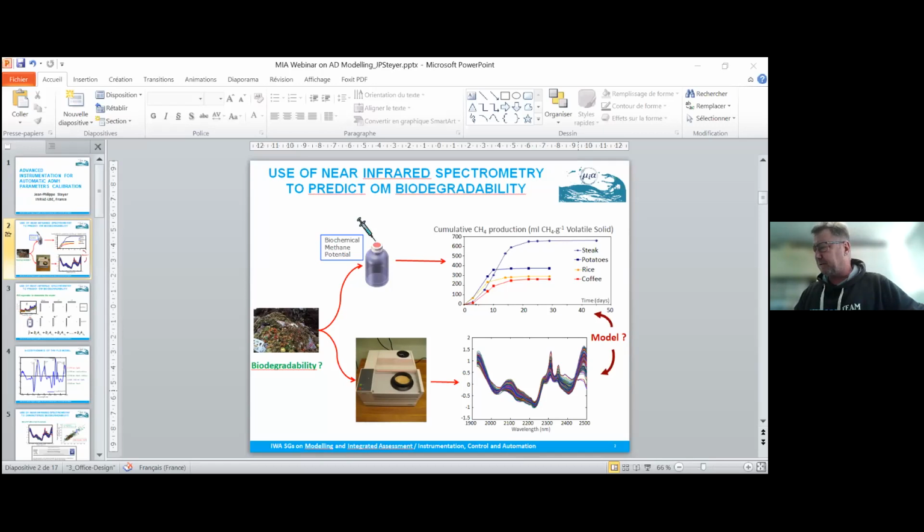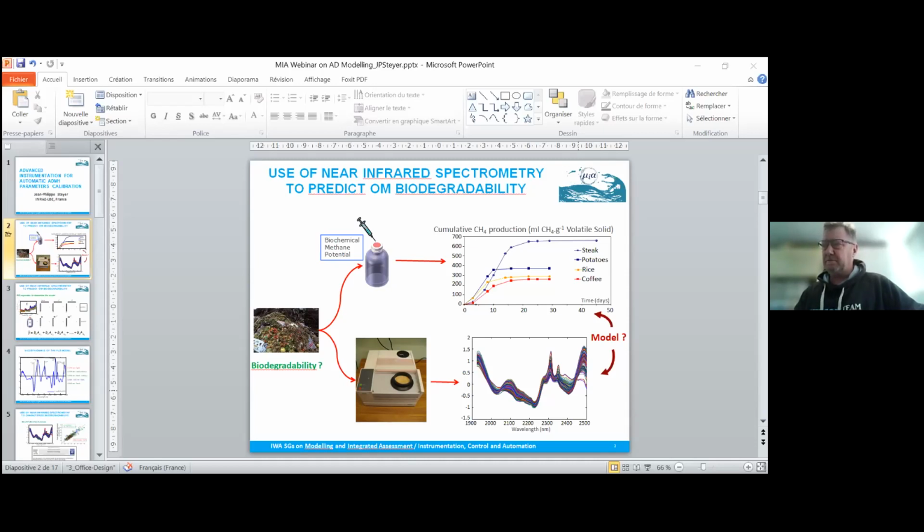Here you have an example of infrared spectra in the near infrared range from 1,900 nanometers to 2,500. And the idea is to link these two things with a model. So the way you do it is with a PLS model, where you want to predict the BMP value based on the spectra of the waste.